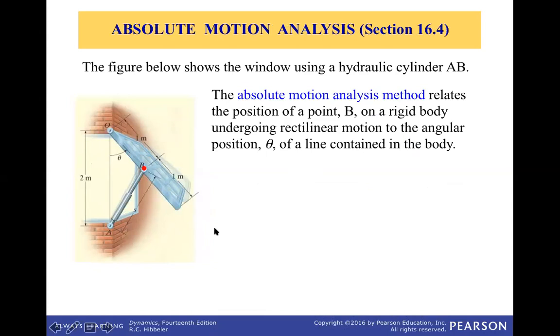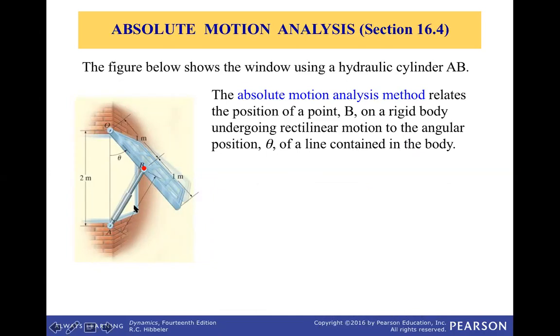The method is called absolute motion analysis. It relates the position of a particular point, point B in this case. If we still look at the example of the window, it's the absolute position of point B with respect to a fixed point.